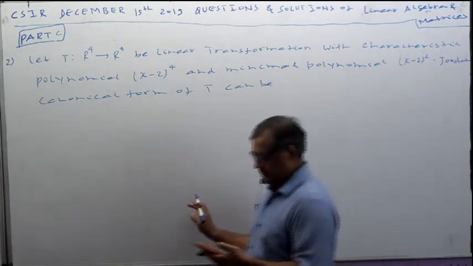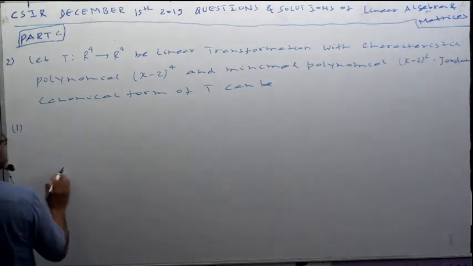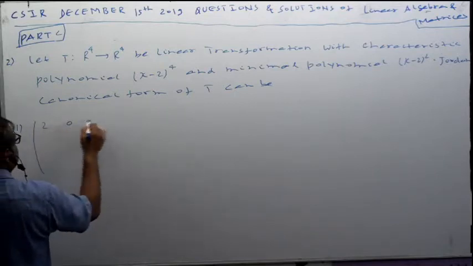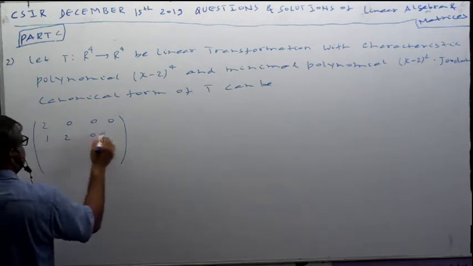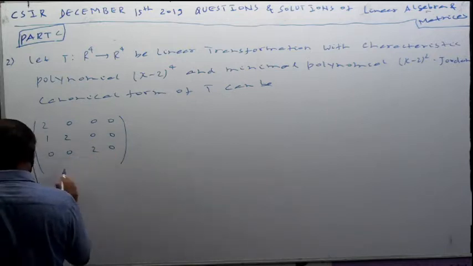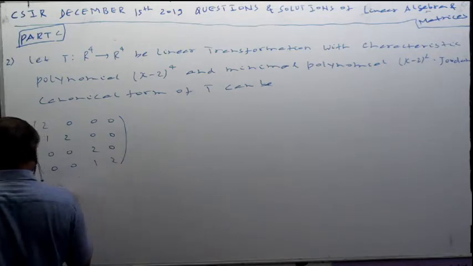I am giving you the options. Number 1: 2 0 0 0, 1 2 0 0, 0 0 2 0, 0 0 1 2.